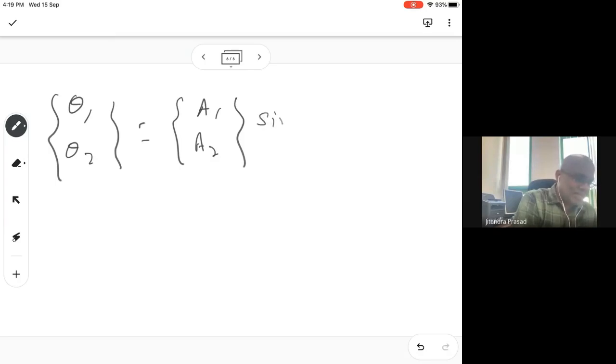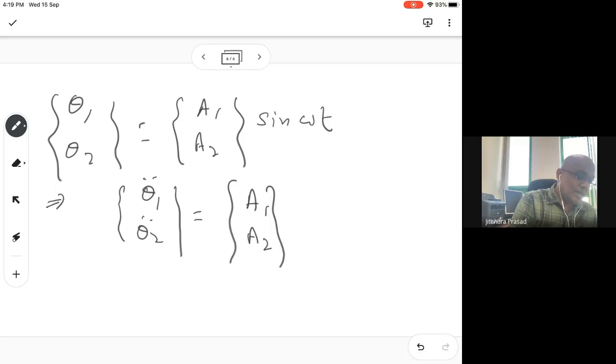Let's write sin(ωt) as the answer, and hence θ1 double dot, θ2 double dot will be equal to [a1; a2] times minus ω squared sin(ωt).